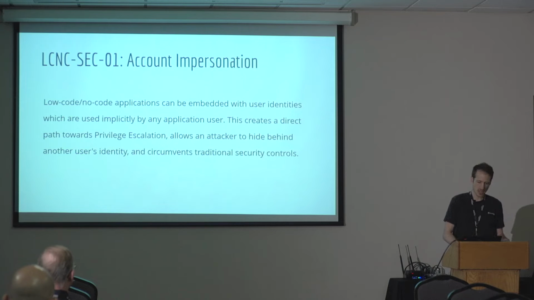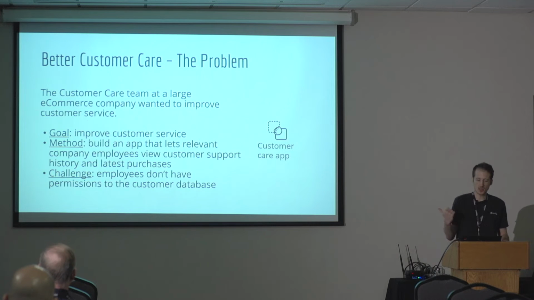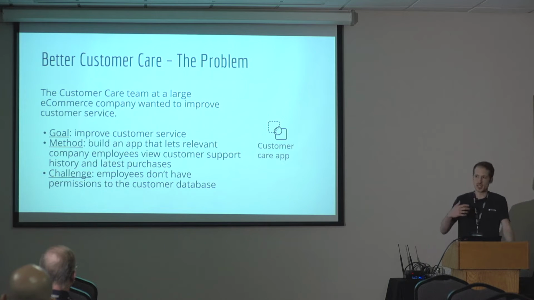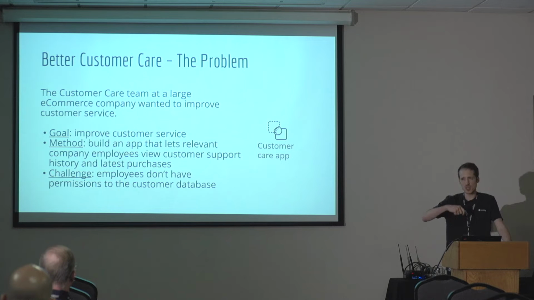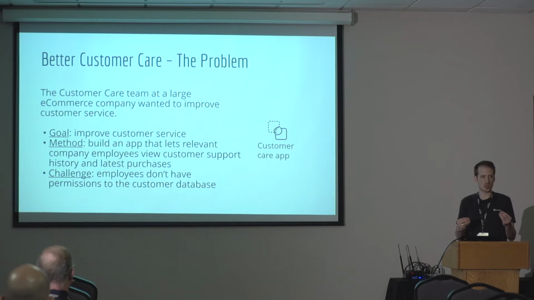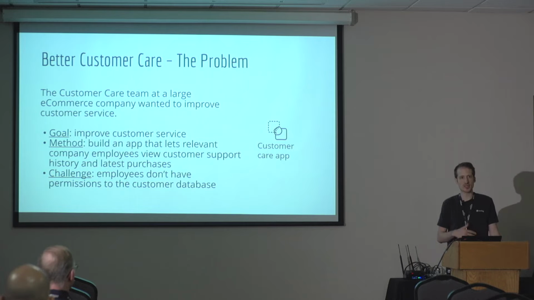And so let's see a real-world example. This is from an e-commerce company. Basically, they had a problem where the people inside of the company who were trying to help a customer with a customer case, with a ticket, didn't have access to see the history for that customer. So they didn't have the right context, customers were frustrated, and the customer care team was frustrated.